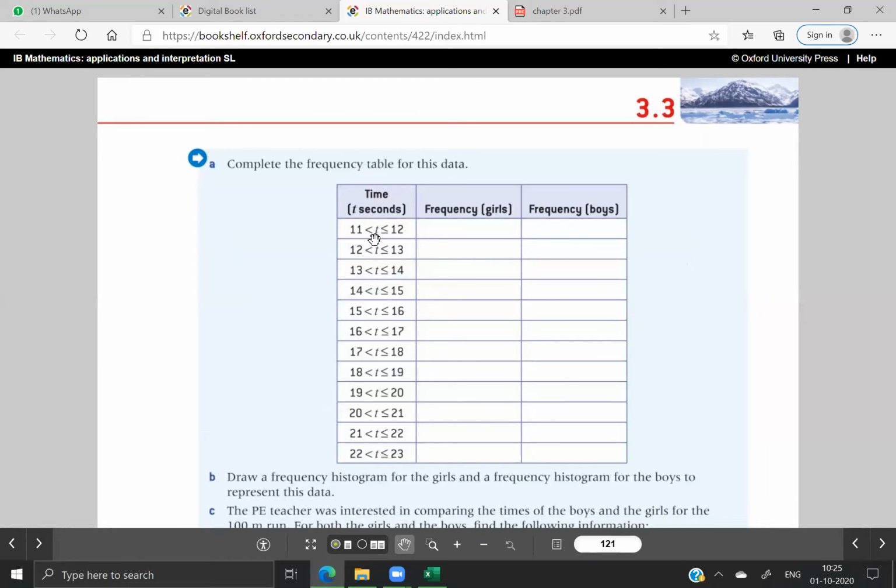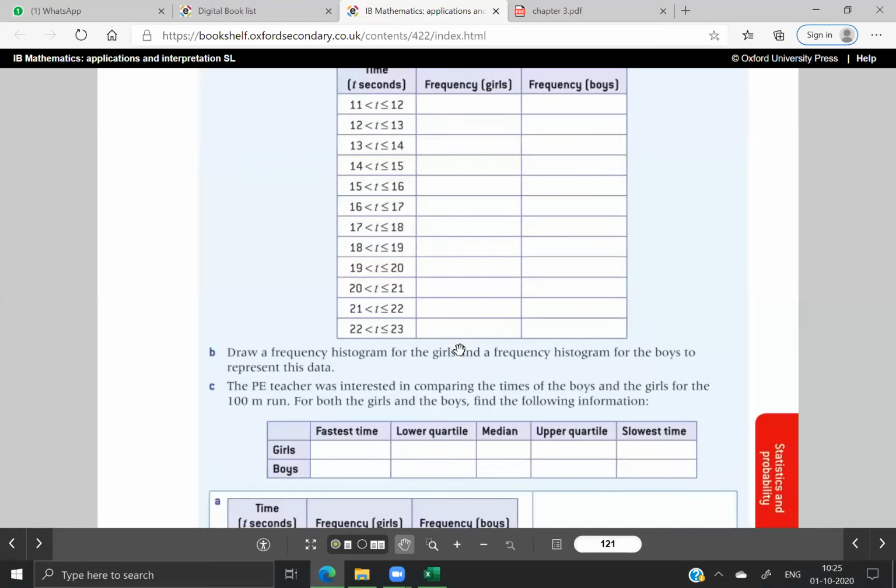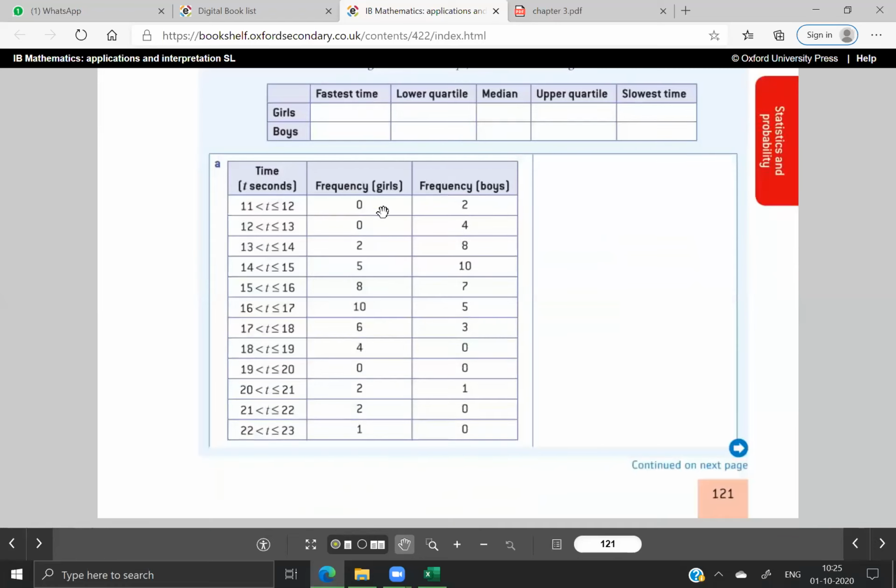So here it is less than 11 and here it is equal. This equal to sign, you have to be very careful when you are considering these points. So between 11 and 12, where 12 will be included. So here the table is done, all the frequencies tabulated.